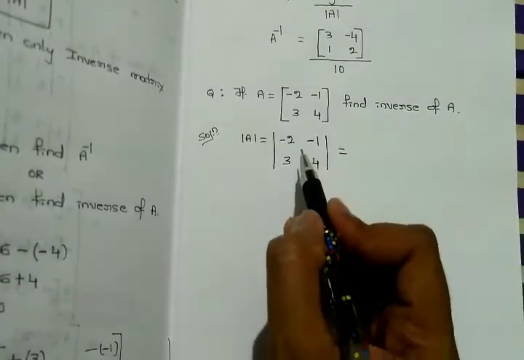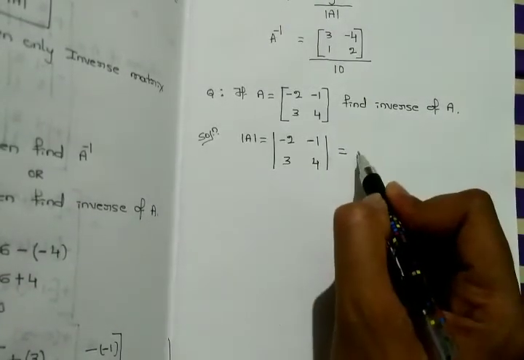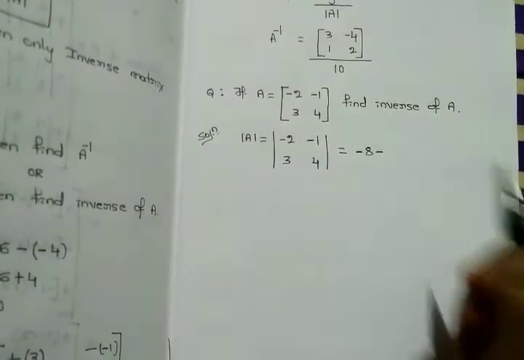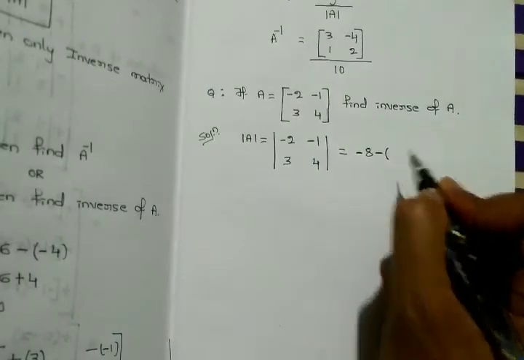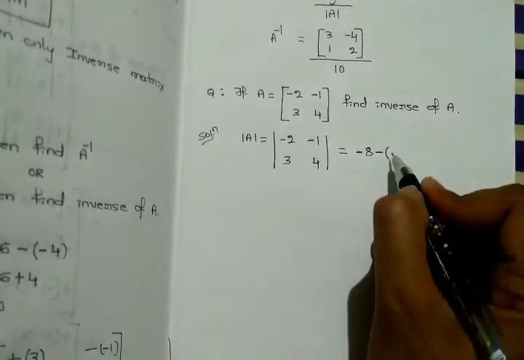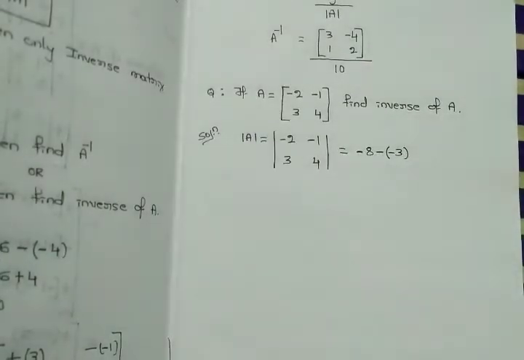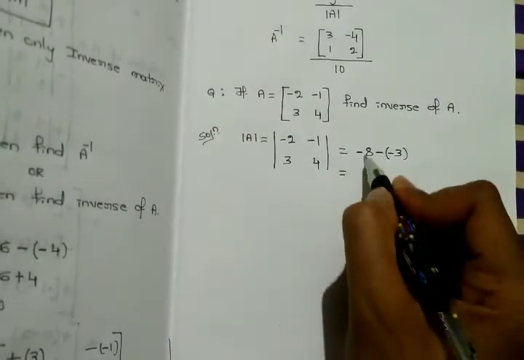Cross multiplication you do. Minus into plus is minus. 2 into 4 is 8. Middle always with sign minus. Again in bracket, plus into minus is minus. 3 into 1 is 3. So which is equal to minus 8.